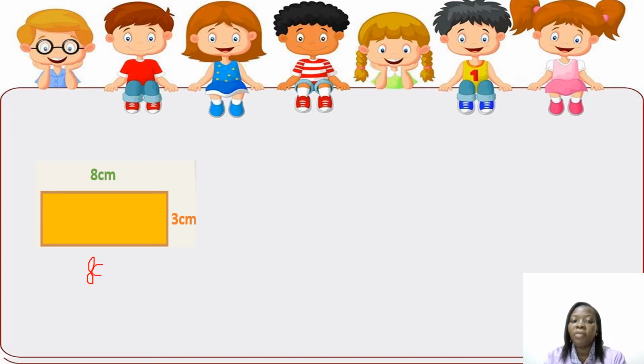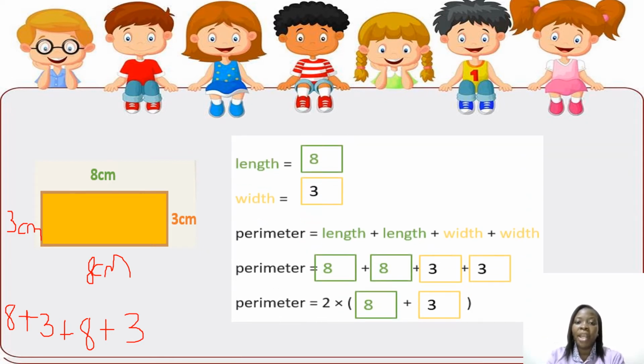Now, if this part of the width is 3 centimeter, it definitely means that this side is also going to be 3 centimeter. So, the perimeter of this shape is going to be 8 plus 3 plus 8 plus 3. So you see, this is taking us quite a long time to write down all those numbers and begin to add it like we have here.